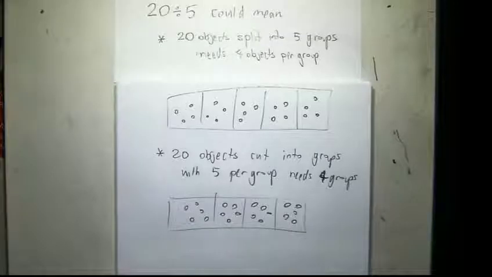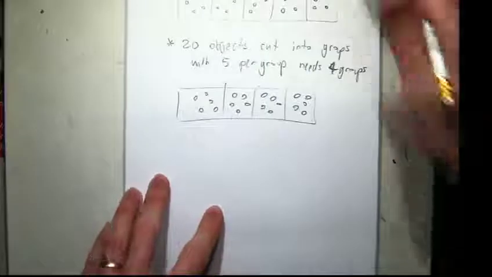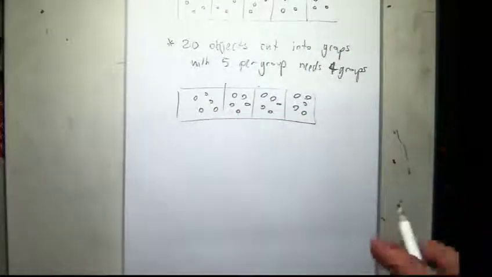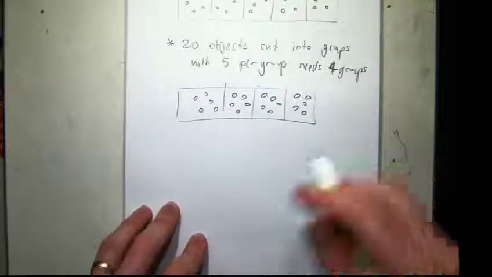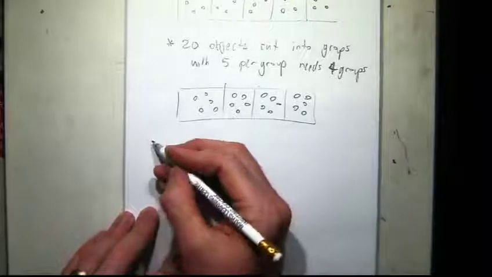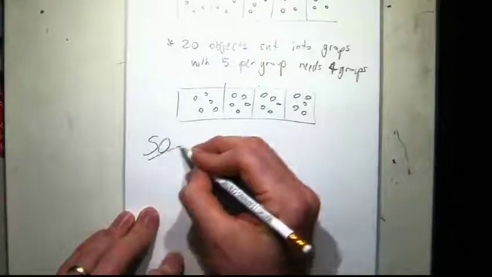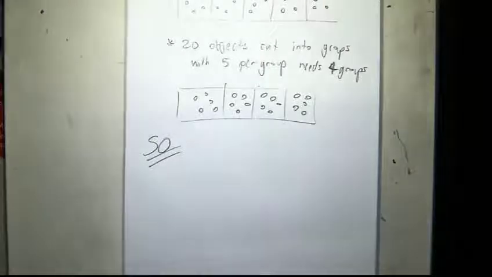So every time there's a division problem, there's a multiplication problem as well. So I'm going to go over that again. I might have to rewrite my notes later. So I'll just choose a slightly different example.